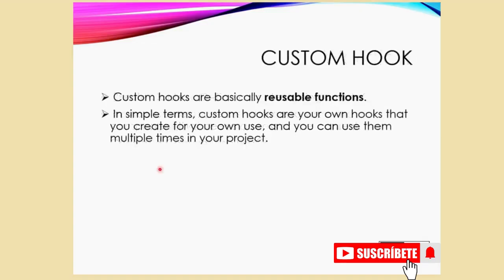But last, not the least, custom hooks are basically reusable functions. In simple terms, custom hooks are your own hooks that you create by using your own use prefix. It is an important term, use, and you can use them multiple times in your projects. How to create?